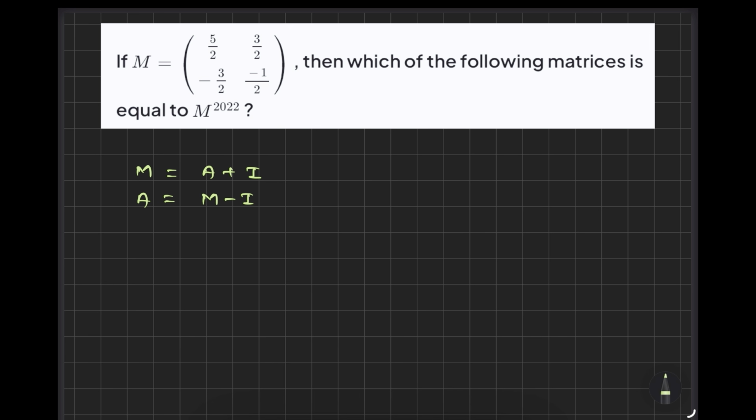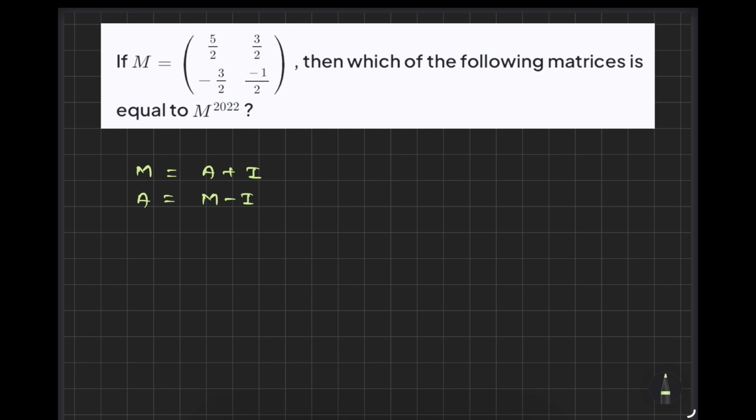Now you can write 5 by 2 minus 1 is 3 by 2, and again 3 by 2, then minus 3 by 2, and minus 3 by 2. So we can write this as 3 by 2 times the matrix 1 1, minus 1 minus 1. So this is our A matrix.